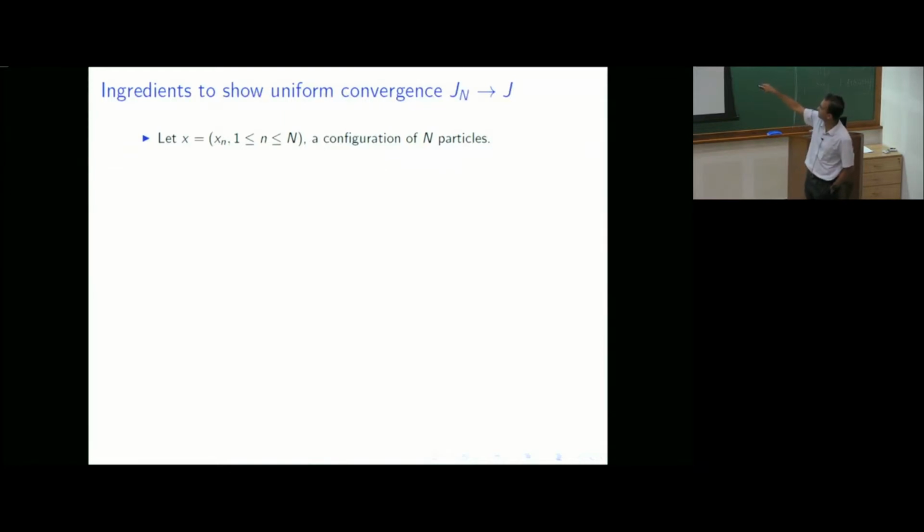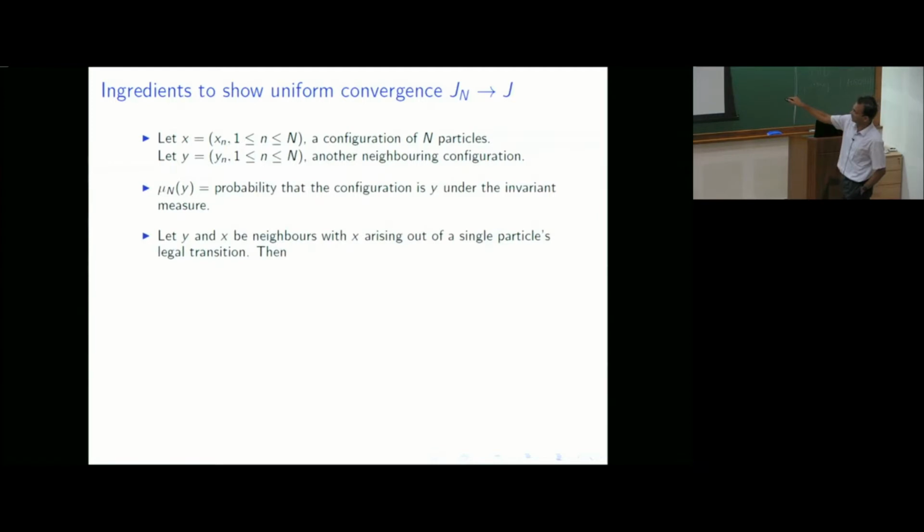So let X be the configuration of n particles, the states of n particles at some possible time. Y is another configuration, but it's a neighboring configuration in the sense that you can move from Y to X via one particle making a transition.